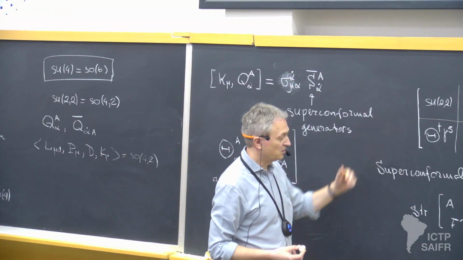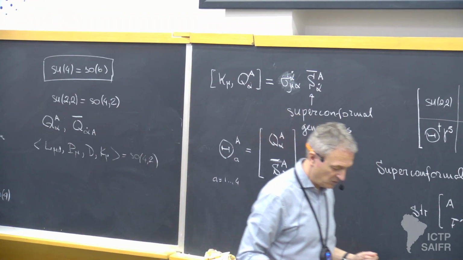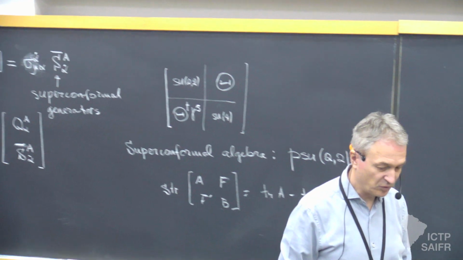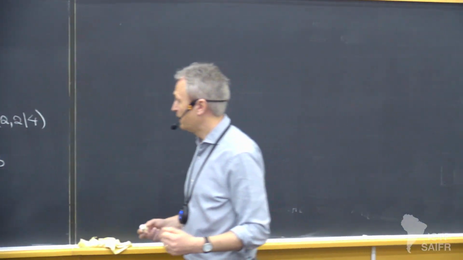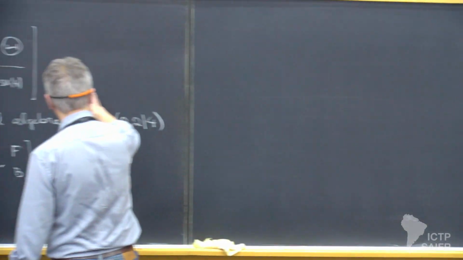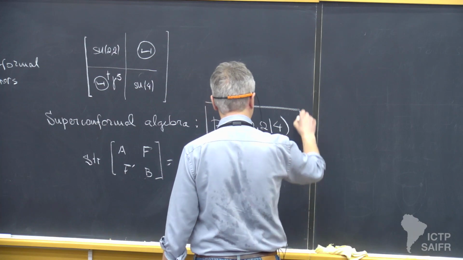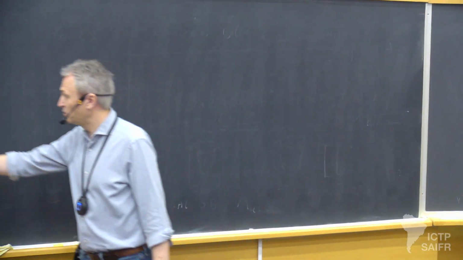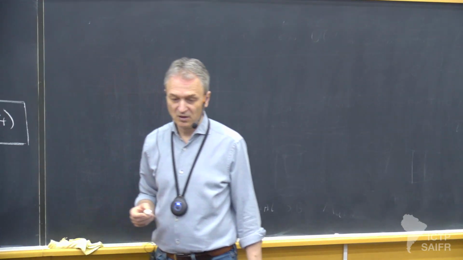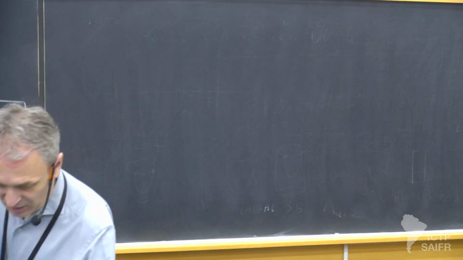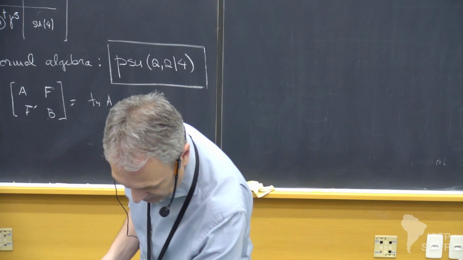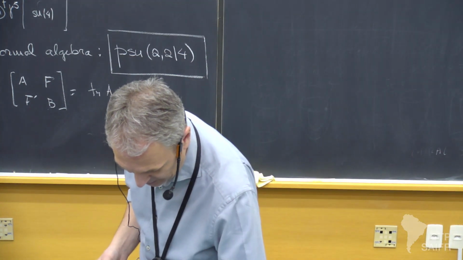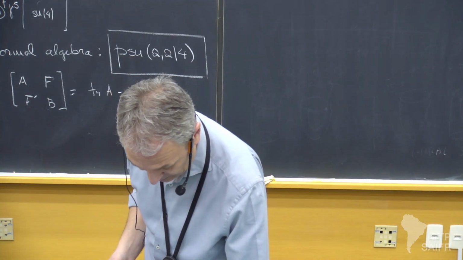So this is the structure of extended supersymmetry in 4 dimensions. The Lie algebra that is formed by all superconformal generators is PSU(2,2|4). This algebra has rank 7.